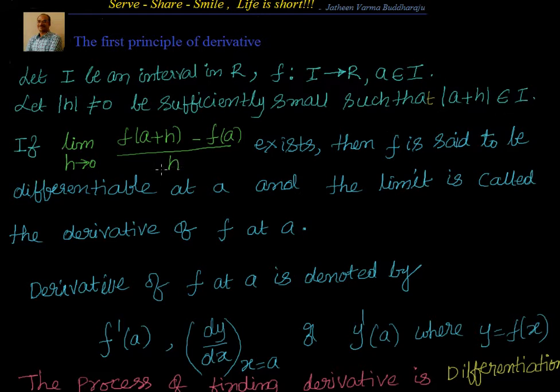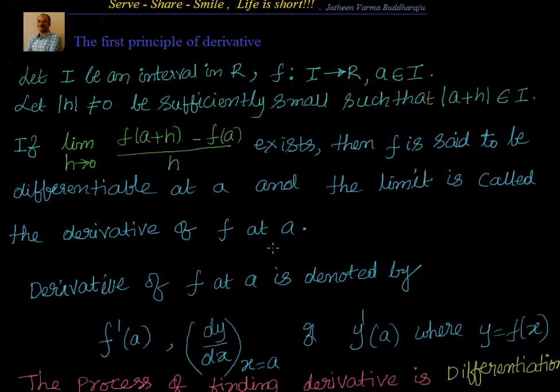Now if the change in the function, that is f of a plus h minus f of a, divided by the change in the domain, that is h, this ratio exists and it limits to a finite value when the change tends towards 0, that means h tends towards 0, then the function is said to be differentiable at a, and the limit is called the derivative of f at a.